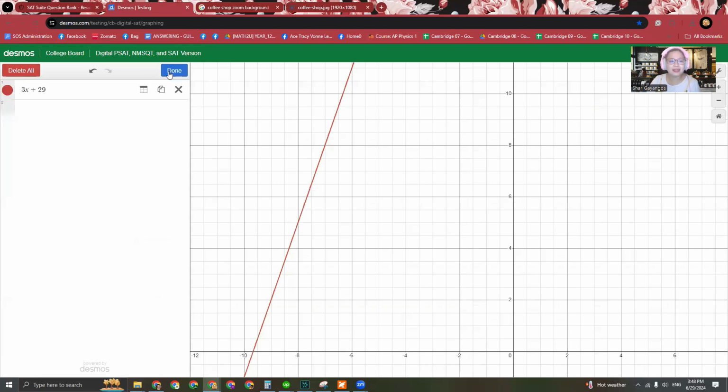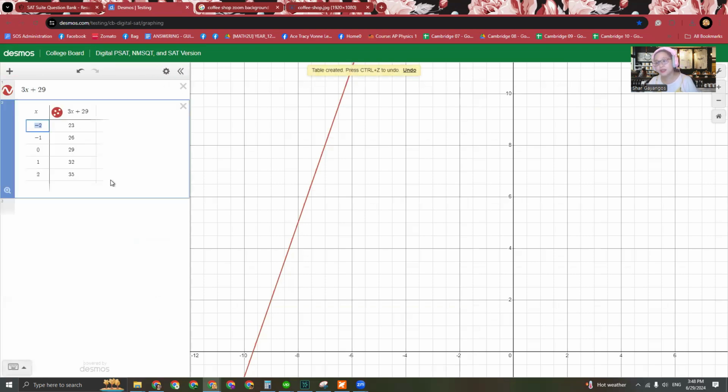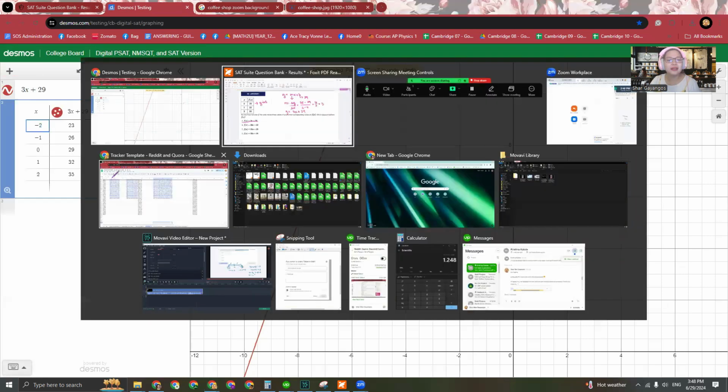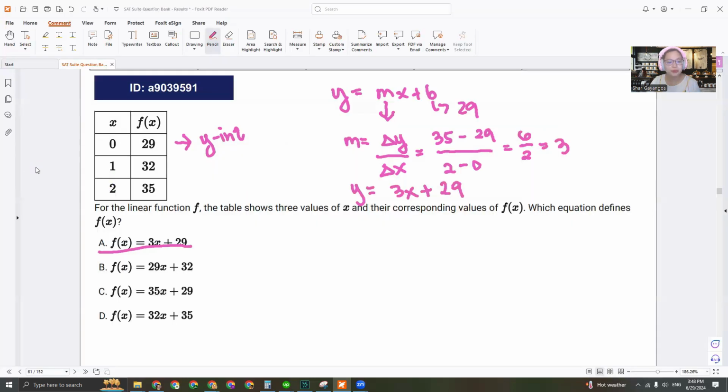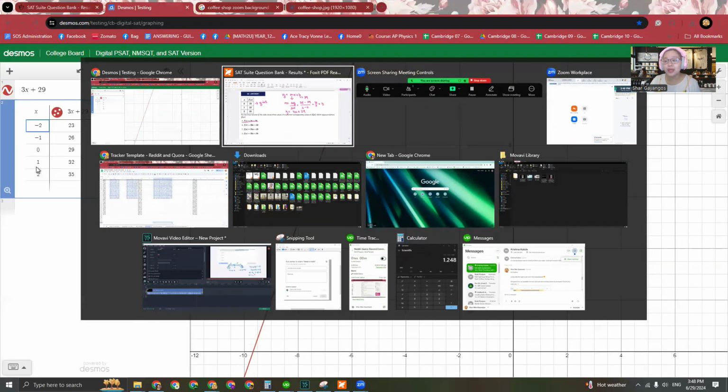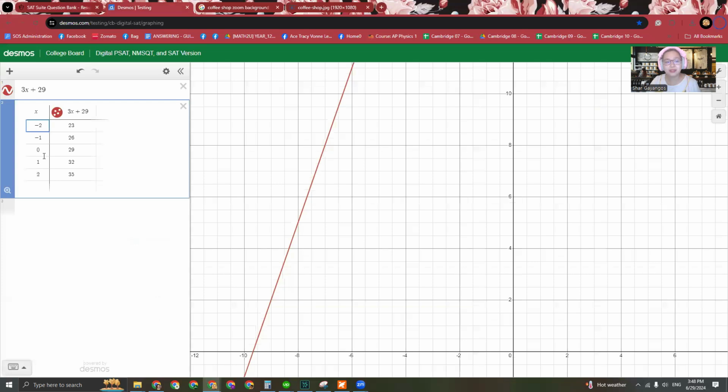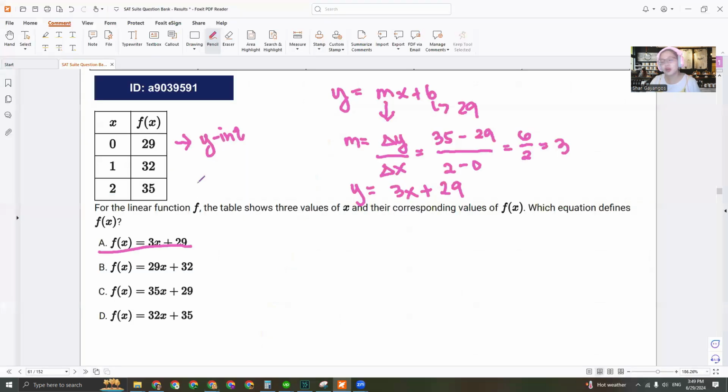Click Edit List, and it will allow you to create a table of values. Let's observe 0, 1, 2. If we got the right equation, then the table of values here should match. We have 29, 32, 35, which are the correct values in our table. That's how you double check your work if you are in doubt.